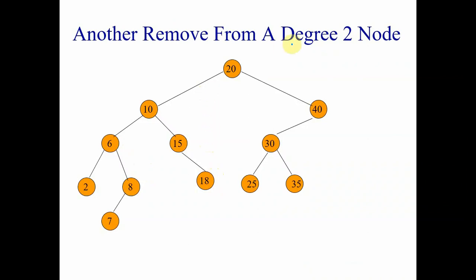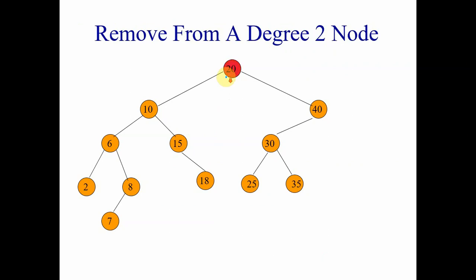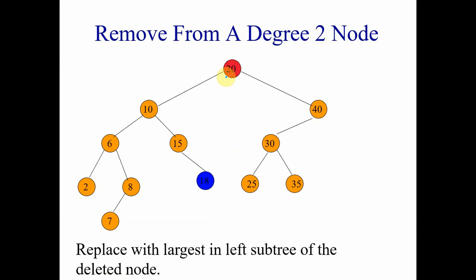Let's see another example of removing a node of degree 2. In this case, we remove the root, which has key 20, and again we will replace it with the largest key in the left subtree.